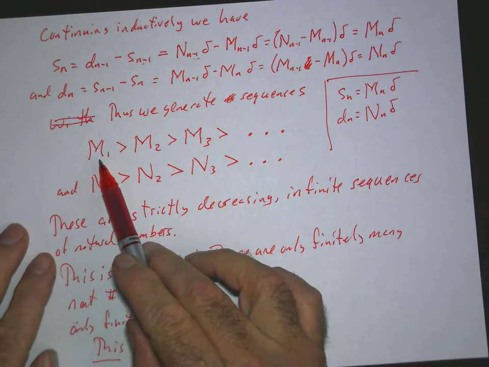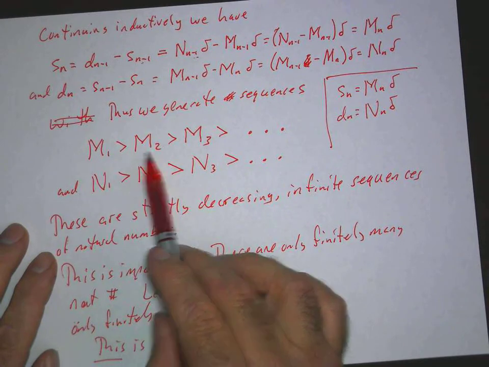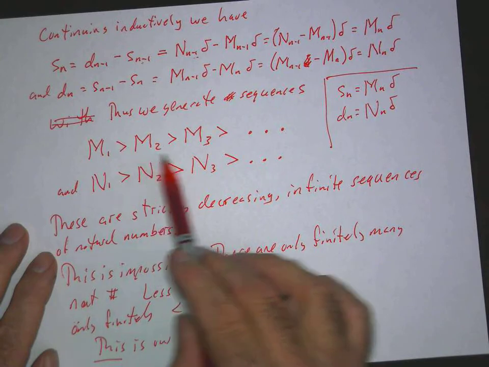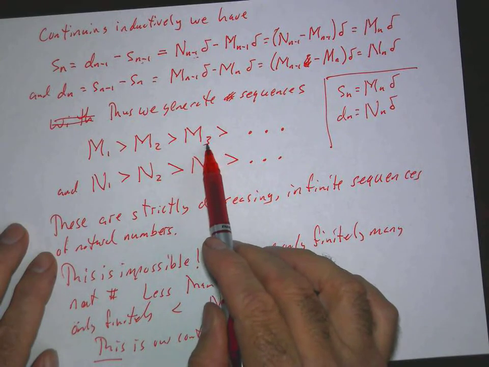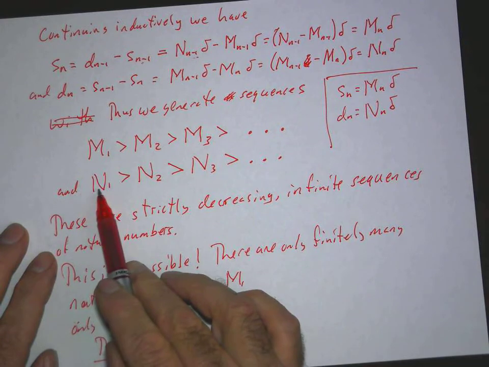One sequence of capital M's. These are all natural numbers, and that's key here. Capital M sub 1 is greater than capital M sub 2, which is greater than capital M sub 3. And we have another sequence of natural numbers.